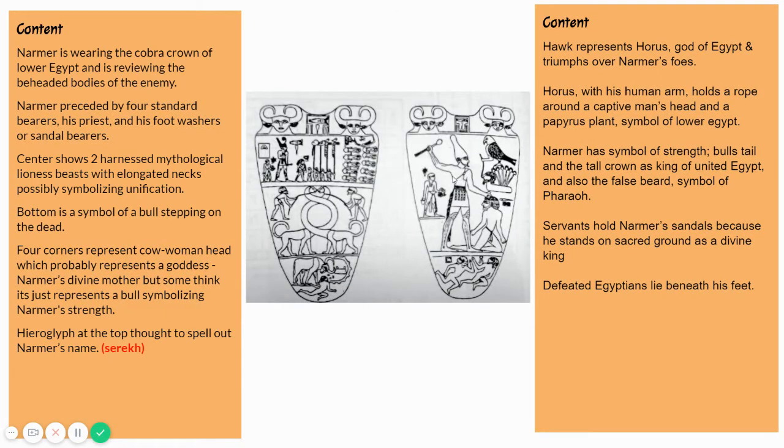You can see the frontal view of the chest and the arms, but then we have the head turned again in a profile view. So when you have this combination of profile and frontal, that's your composite view, and that is repeated consistently through Egyptian art.